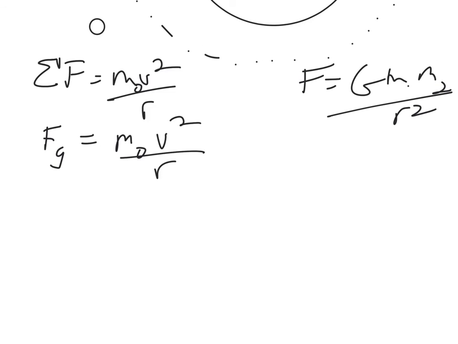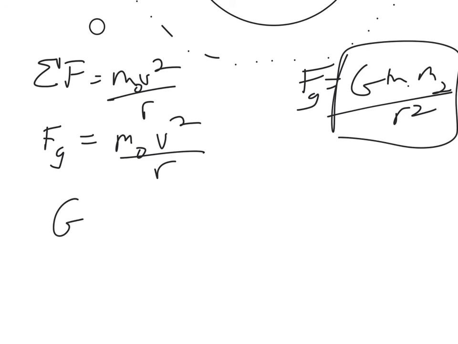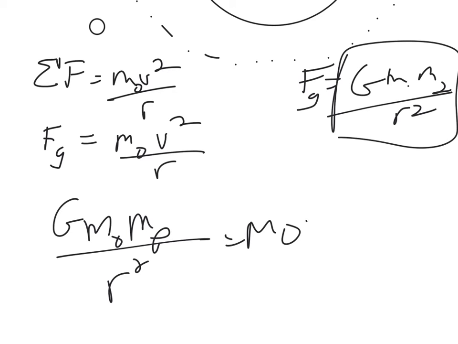So now this F, which is really F sub g, the force of gravity, this whole bit is going to get substituted in there. So now I've got capital G, mass of my object, mass of my planet, over r squared, equaling the mass of my object, v squared over r.